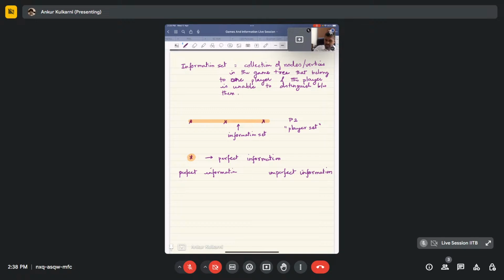When you have a game of perfect information, it means that every information set of every player has exactly one node in it.